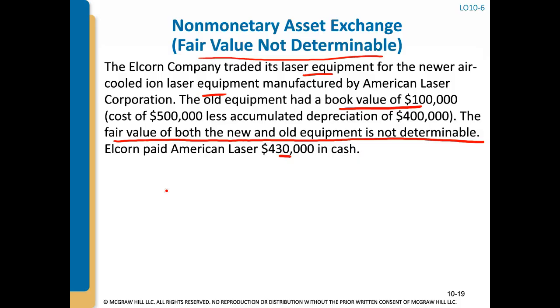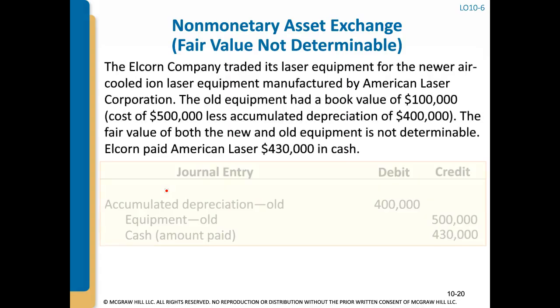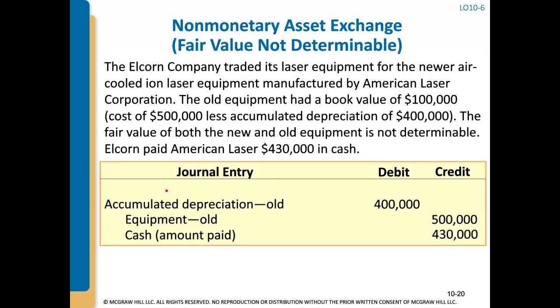So when fair value is not determinable, we're just not going to have a gain or loss. Your new asset that you received is going to be equal to the book value of the old asset that you gave up plus any cash paid if there is cash. So we're going to credit our equipment for 500,000, debit our accumulated depreciation for 400,000. That's to get our old equipment off of our books. We're going to credit cash for the amount paid, which is 430,000.